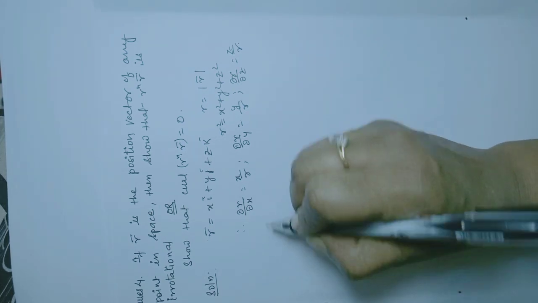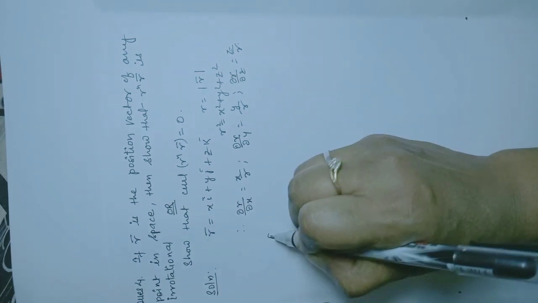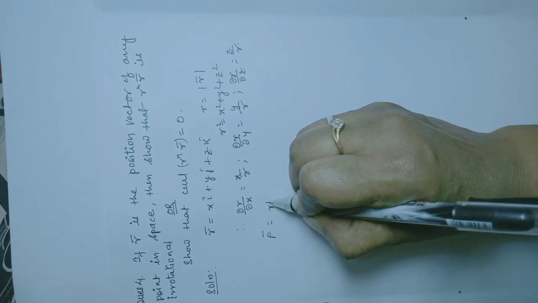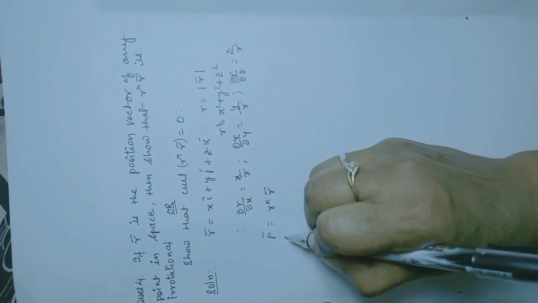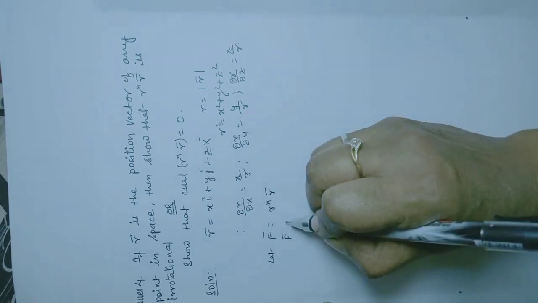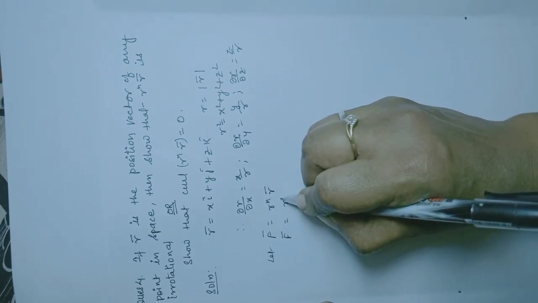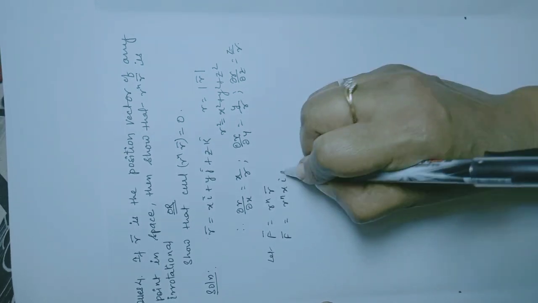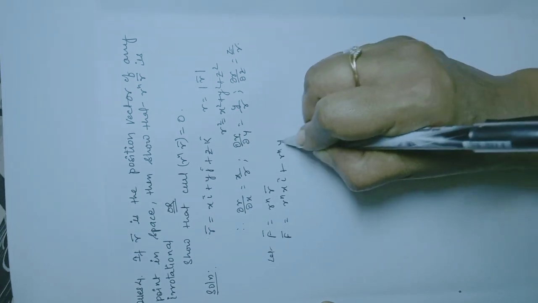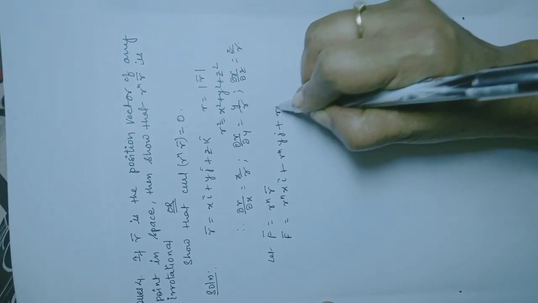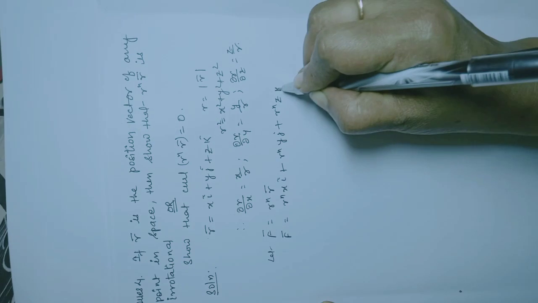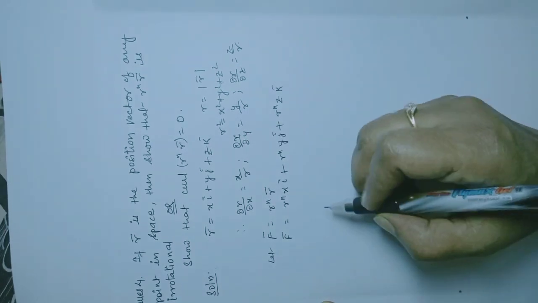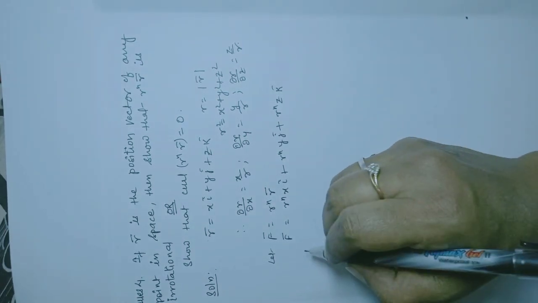Now let the vector f be equal to r to the power n times vector r. So your f becomes r to the power n x i plus r to the power n y j plus r to the power n z k, right?